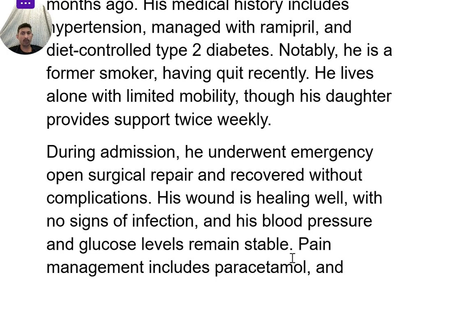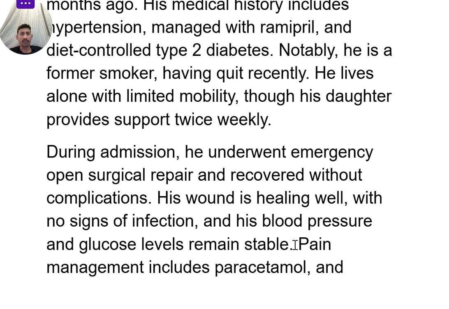Why are we talking about blood pressure and glucose level? Because the patient is hypertensive and he has been diagnosed with type 2 diabetes as well. These are the important things you should always carefully observe while you are reading the case note.